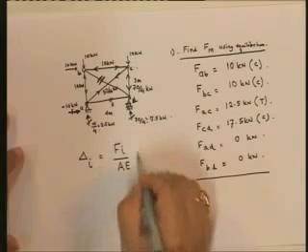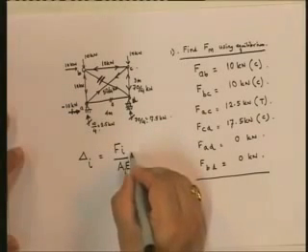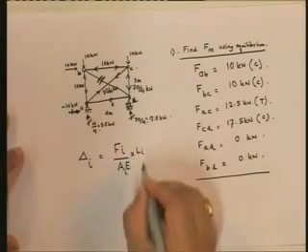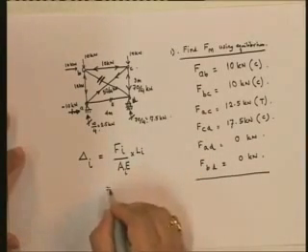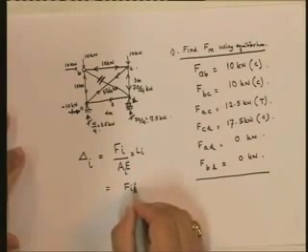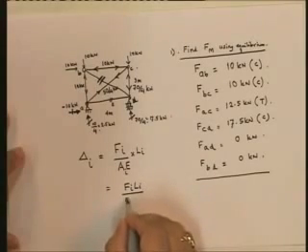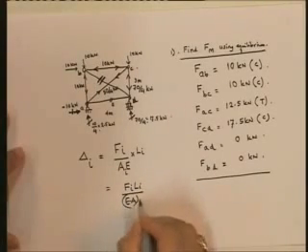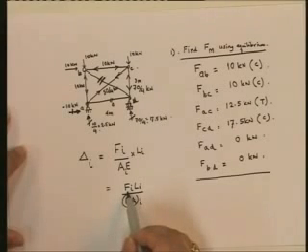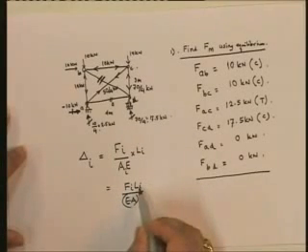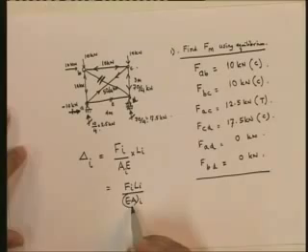The strain is uniform, so therefore integrated over the whole length gives me the axial deformation. So if I rewrite this, this comes out as Fi Li over EAi. Force in the member, axial force in the member, length of the member, the axial rigidity of the member.